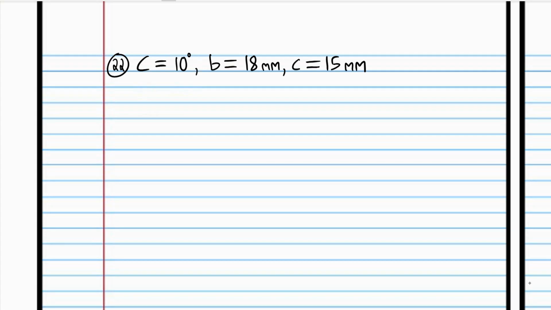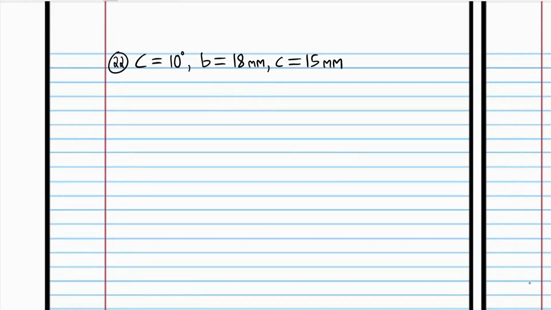You want to make sure that sine B is less than 1. And if those situations are true, then you'll either have one triangle or you'll have two triangles. So you'll have to check the acute angle for B that your calculator gives you, and also the obtuse angle that terminates in quadrant 2 for B. So try number 22. When you come back, we'll do it together.